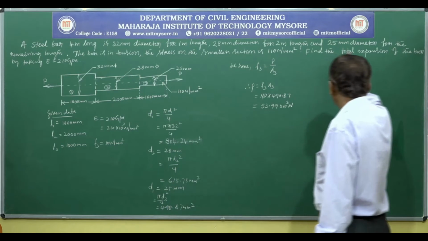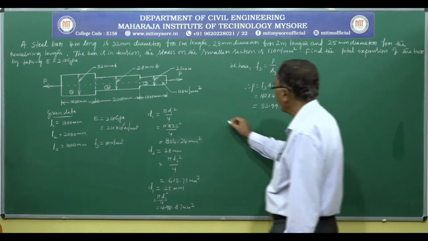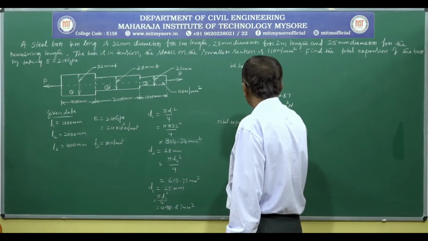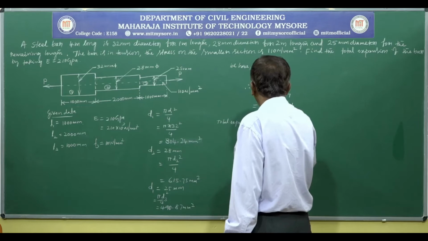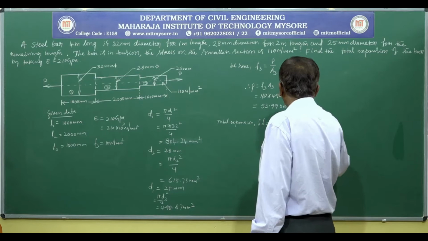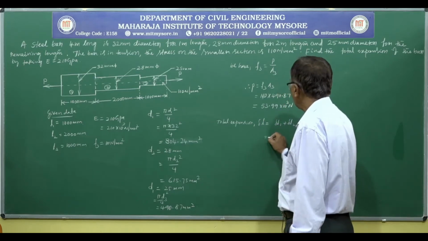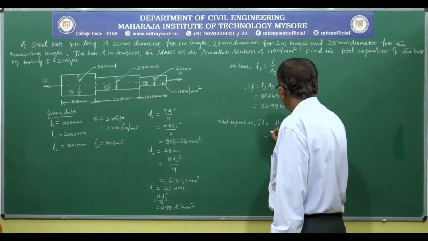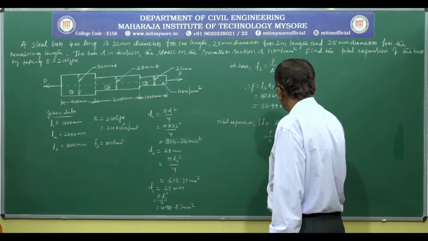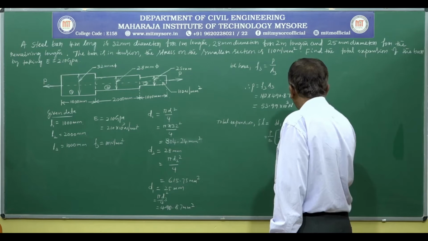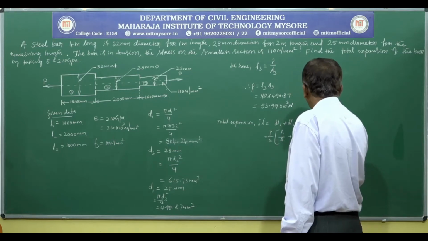Now, asked to calculate total expansion. Total expansion delta L is equal to delta L1 plus delta L2 plus delta L3. Here P and E is common, so we can take it outside. That is equal to P by E into L1 by A1 plus L2 by A2 plus L3 by A3.